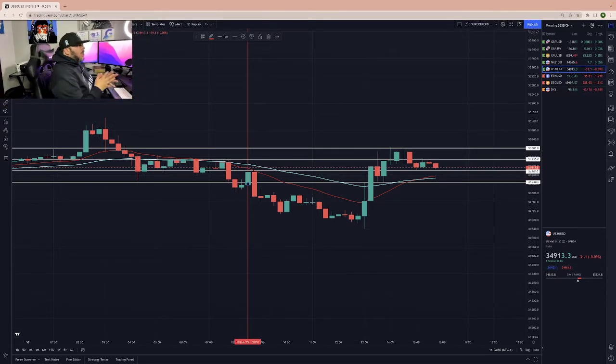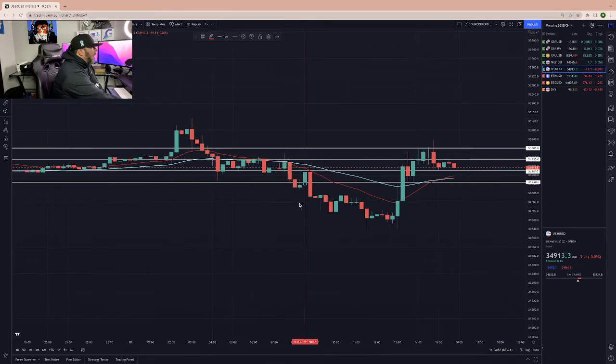All right, perfect. What I wanted to do is point out where we're at. First things first, my confirmation, my direction, is really using the 20 EMA and the 50 EMA. If we have 3 consecutive candles underneath the 50, that tells me that we are going in that direction.